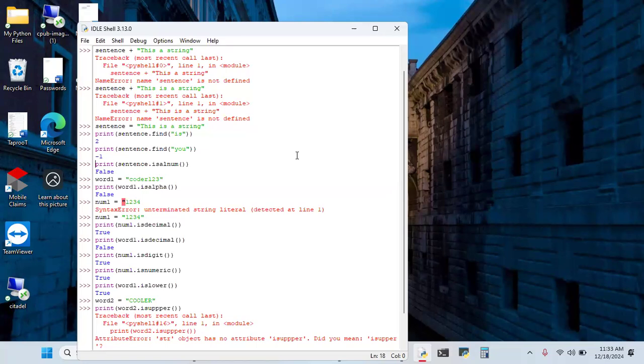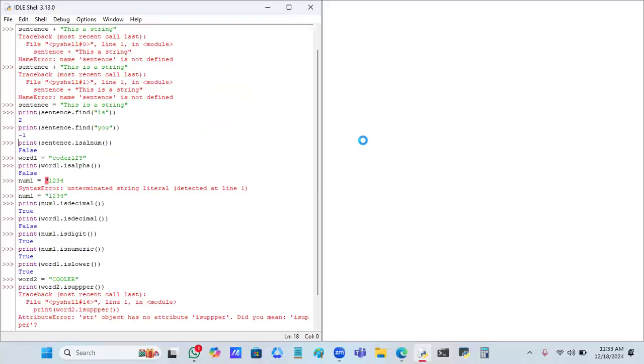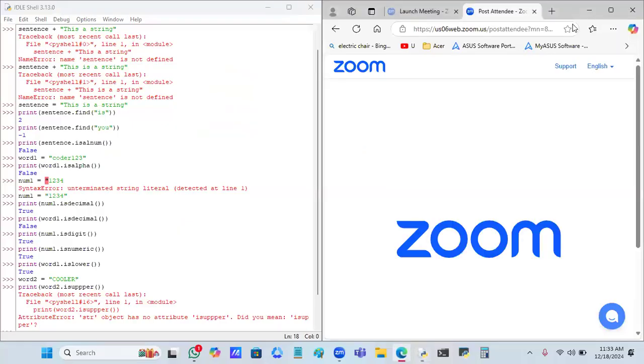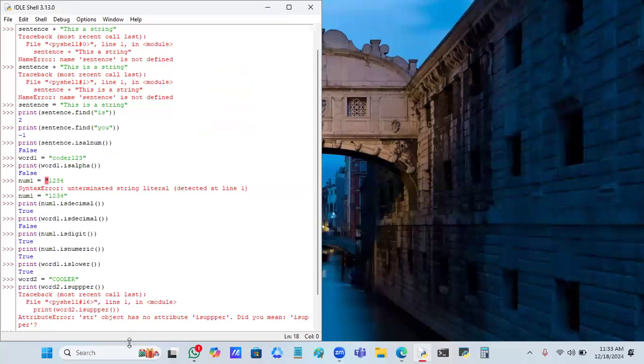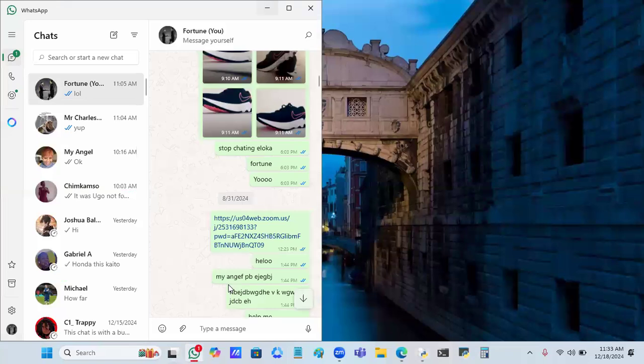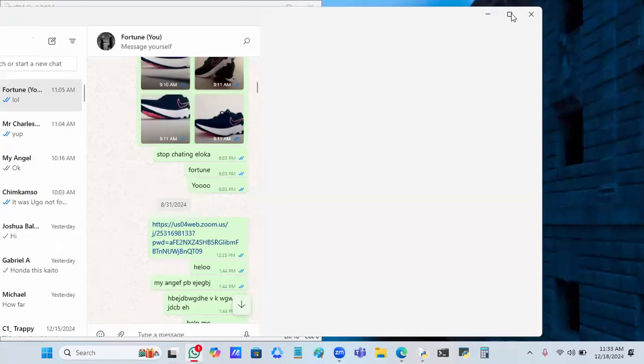So what does that method do? If you see that is in front, it's like asking a question, isn't it? Yes. Do you understand? So it's as if it's asking a question: is it alphanumeric? And alphanumeric means it can be made up of what? Alphabet and what?